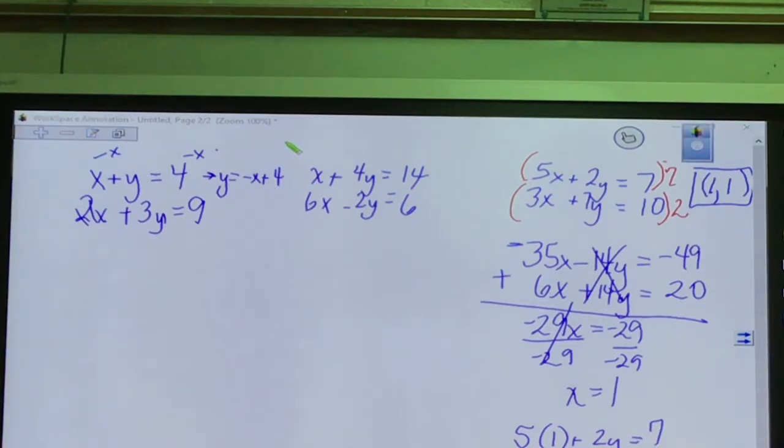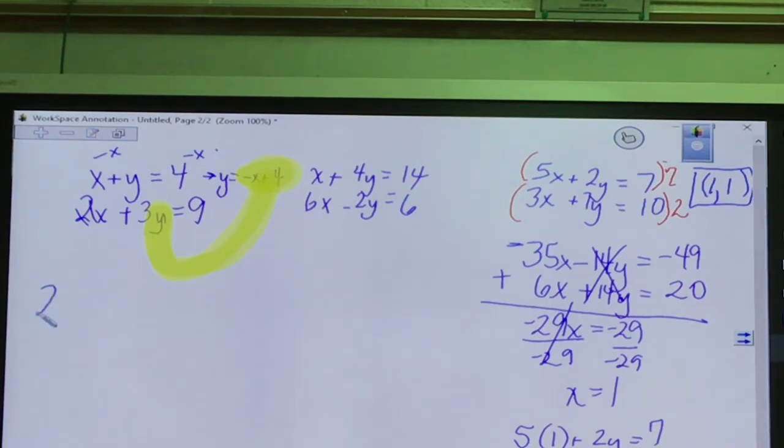Then to substitute, I'm going to put this expression in for y. That's what substitution is. Take that expression, substitute it in for y, and work out the problem.